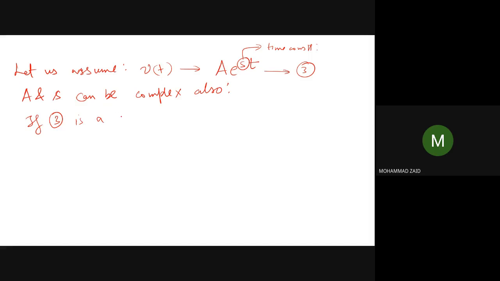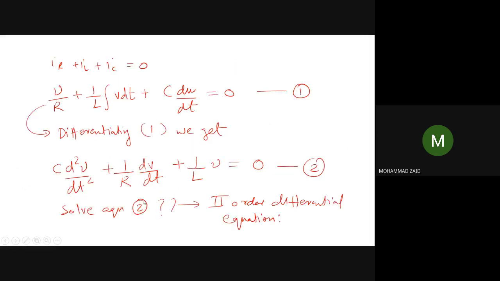So if 3 is a solution of equation 2, let me show you equation 2: C times d squared v by dt squared plus 1 by R dv by dt plus 1 by L v. We are particularly attempting the solution for this equation.